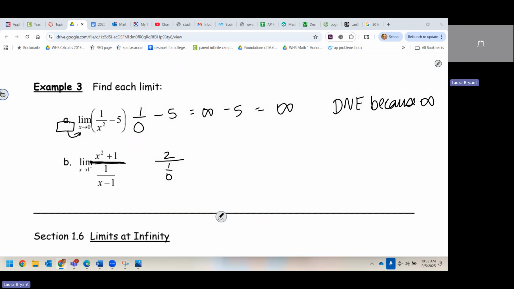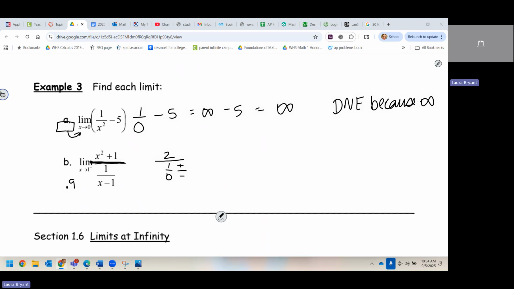Then for this part, I have to do a sign test so I can tell if I get positive or negative infinity. I'm going to plug in to the left of 1, which would be like plugging in 0.9 on the denominator there, minus 1. That'll give me a negative on the bottom, and of course the 1 on top is still positive.